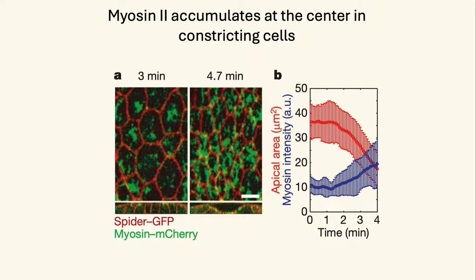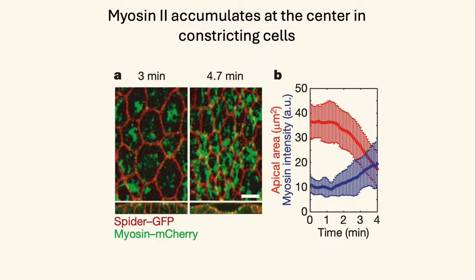So that is one point. The other one is, how does myosin look at this point when the constriction is taking place? So it turns out that one can essentially just compare a point at which the areas are more and a point at which the areas are less, and what one sees is that myosin is present as a coalescent accumulation in the center, alright. So there is an increase in myosin in the center of these cells, and what one sees is that as the constriction proceeds, the apical area is reducing, myosin intensity is increasing.